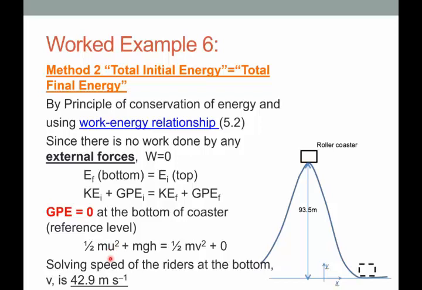At the top, the initial kinetic energy is zero. So we will have mgh equals half mv squared. Again, the m can be cancelled, and that will lead you to the same equation as you have in method 1.